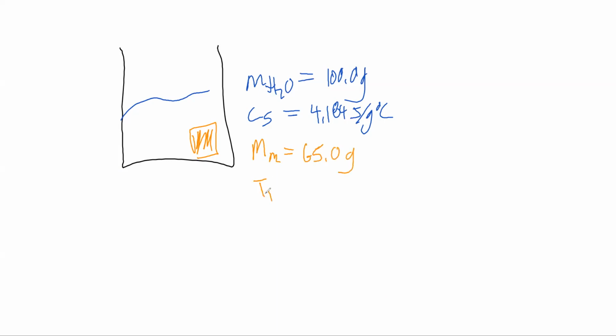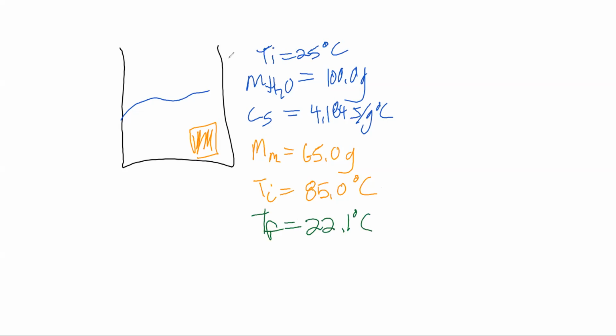And it started out at an initial temperature of 85.0 degrees Celsius. Now our water started off at room temperature, so it started off at 25 degrees Celsius. And both of them end up at the final temperature of 22.1 degrees Celsius.